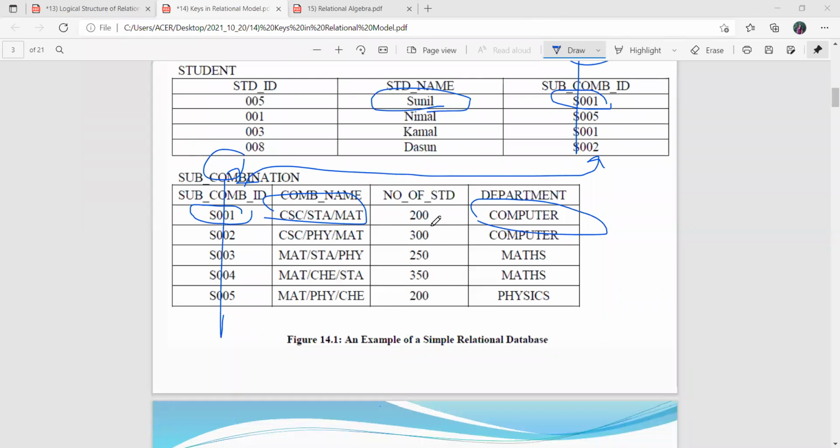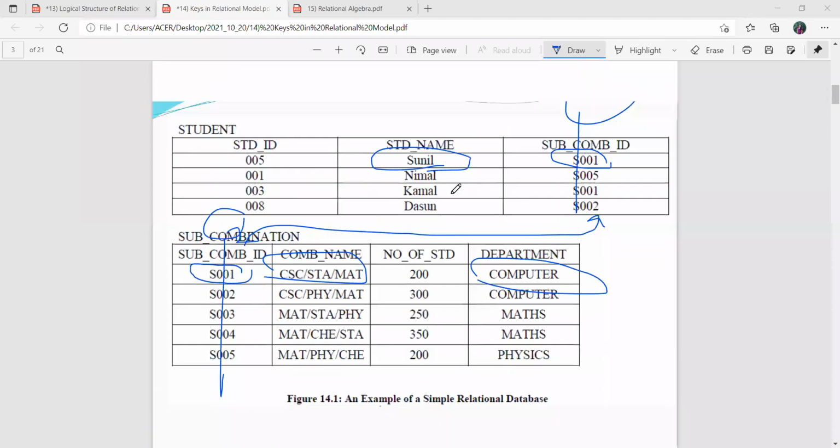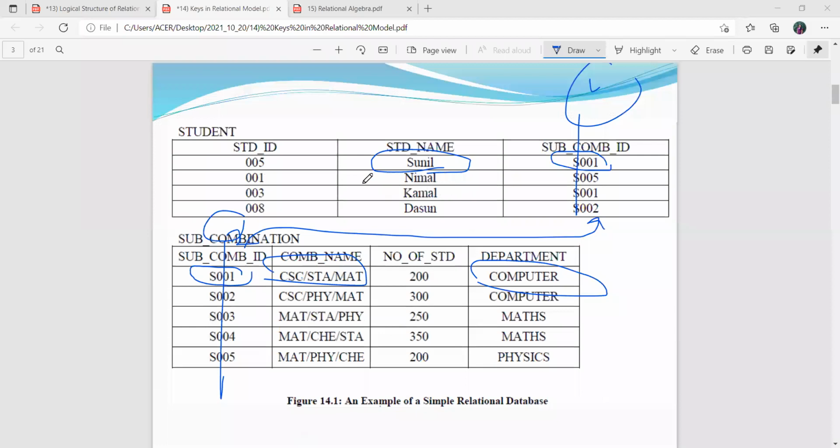Hashan. I think Hashan. Yes, ma'am. Okay. So what is the subject combination?